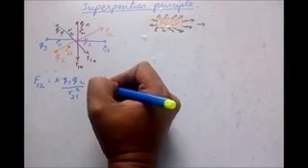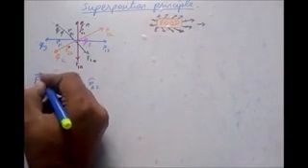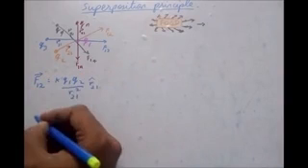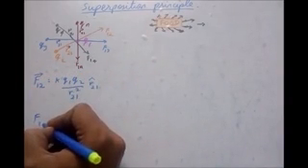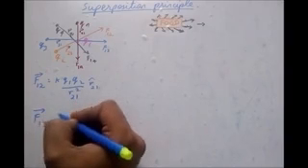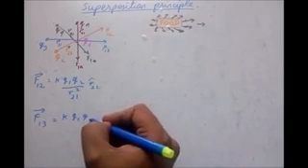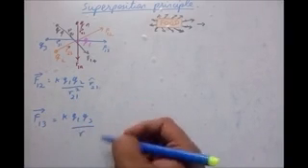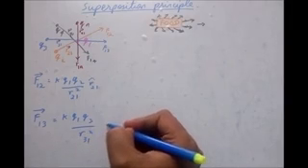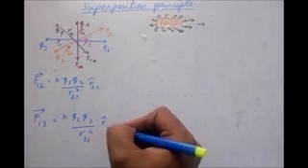This r cap is a unit vector; it shows direction. Force is a vector quantity, so I write it as a vector. Next, force on 1 due to 3, F13, is equal to k q1 q3 divided by r31 squared r cap 31.